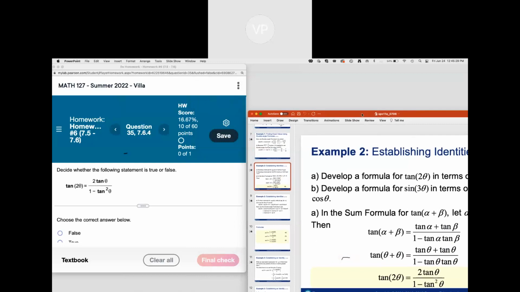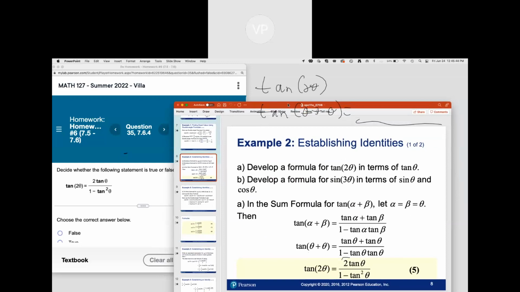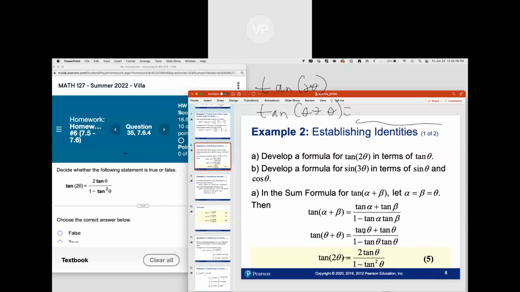We already had this. Now, let's just say this is the test and you didn't look at this PowerPoint slide. Remember, the process is, if I'm trying to get what tangent of 2 theta is, I break this down with theta plus theta, and then I do all that work that we learned in the last section, and that's what this example was. Got a tangent plus a tangent. On the bottom, you get a 1 minus tangent times tangent.